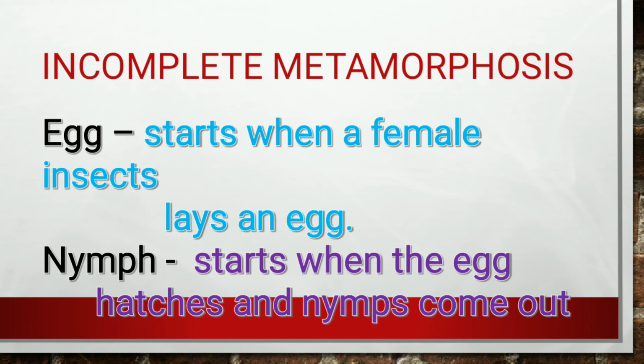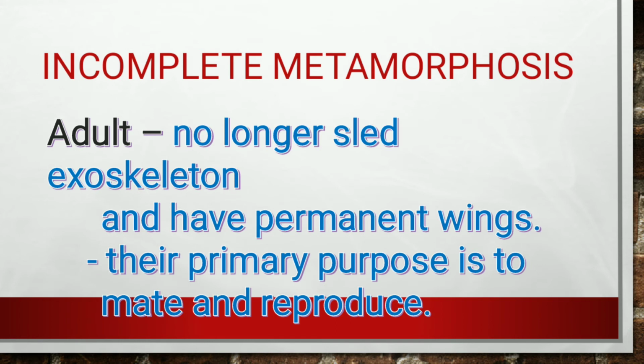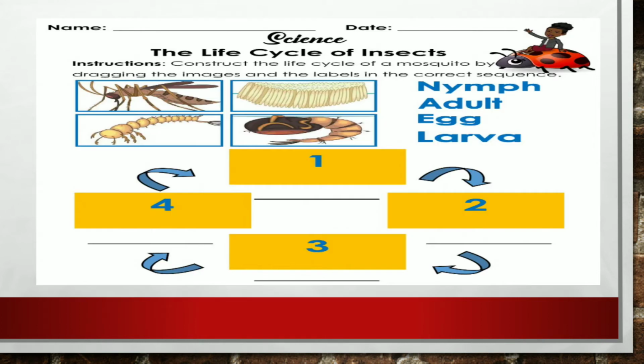The first one is egg, which starts when a female insect lays an egg. The second one is nymph, which starts when the egg hatches and the nymph comes out. And the last one is adult, which no longer sheds its exoskeleton and has permanent wings. Their primary purpose is to mate and reproduce.